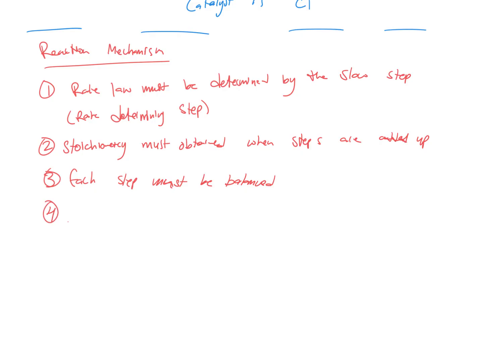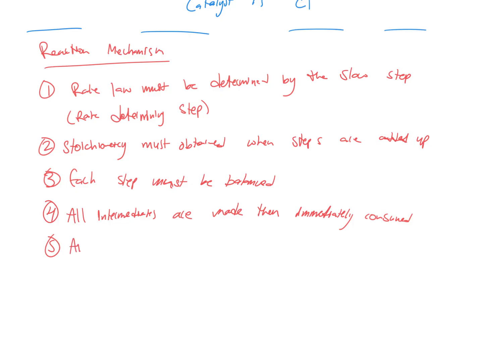Number four is that all intermediates are made, then immediately consumed. So in one step, you must make the intermediate, and the next one, you must consume that intermediate.